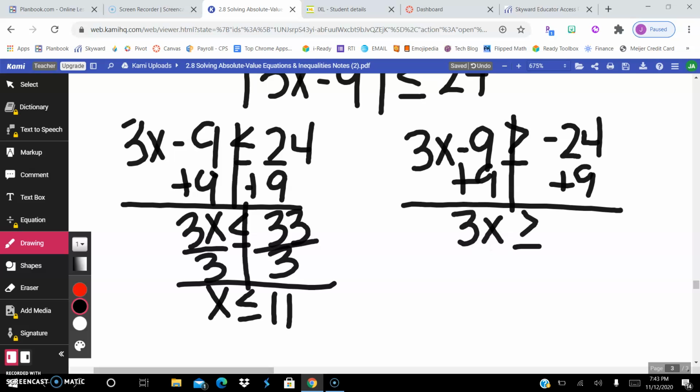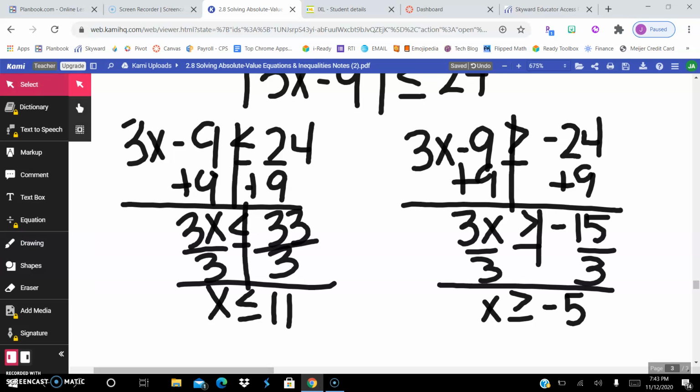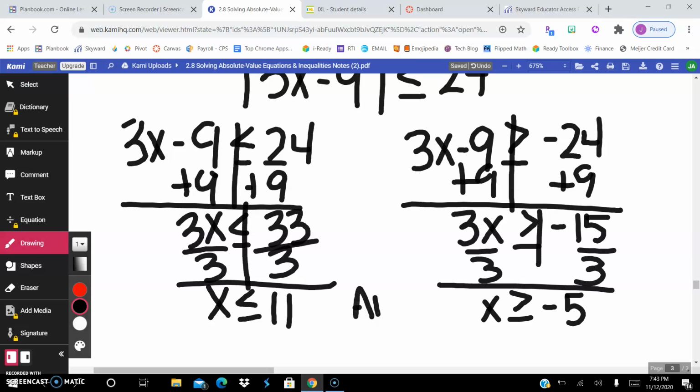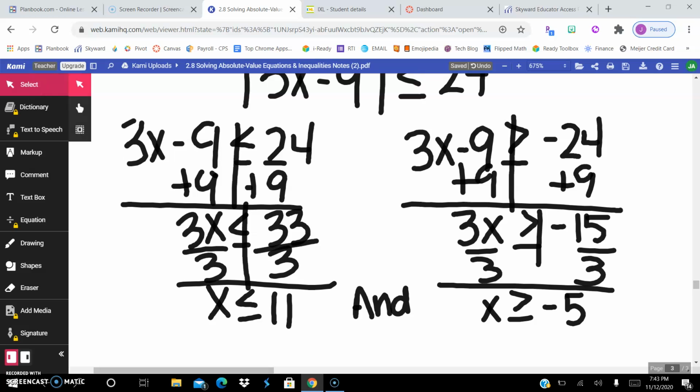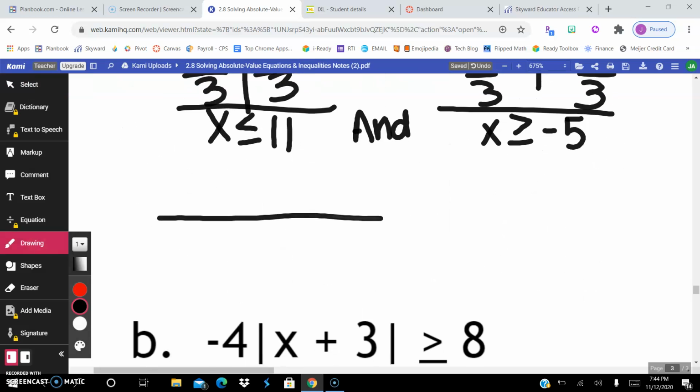It's greater than negative 24 plus 9, which would be negative 15. Divide by 3. x is greater than or equal to negative 5. And remember, these are ands. You have to put these on a number line.